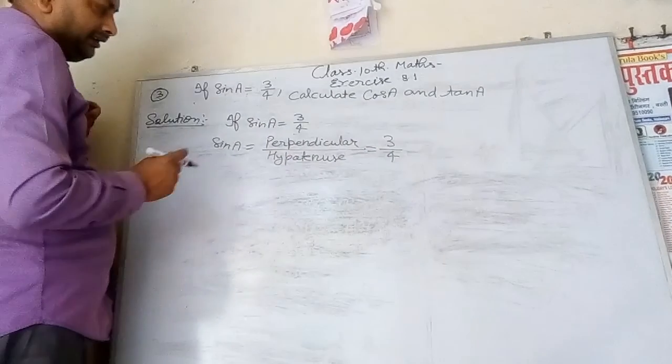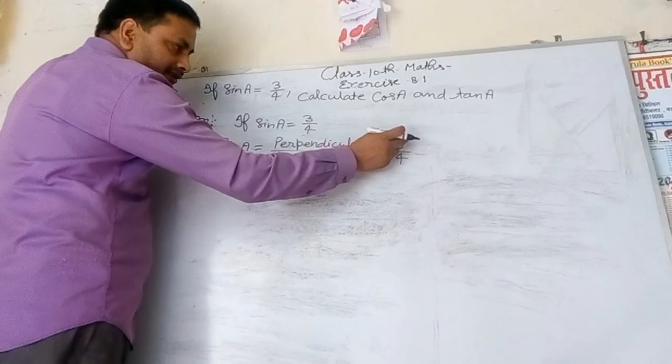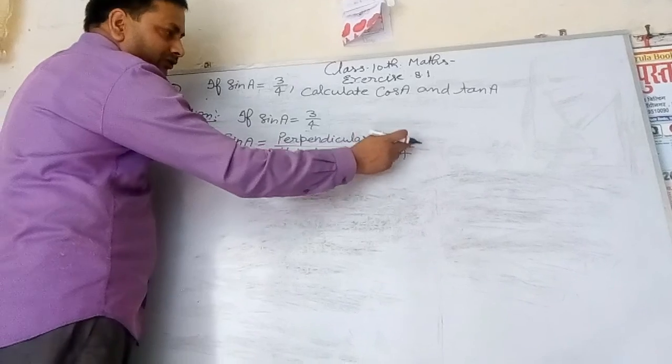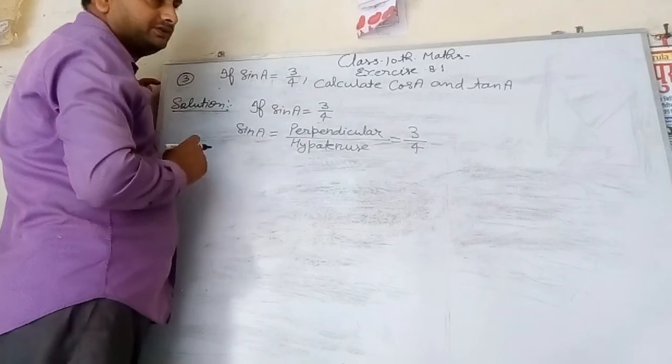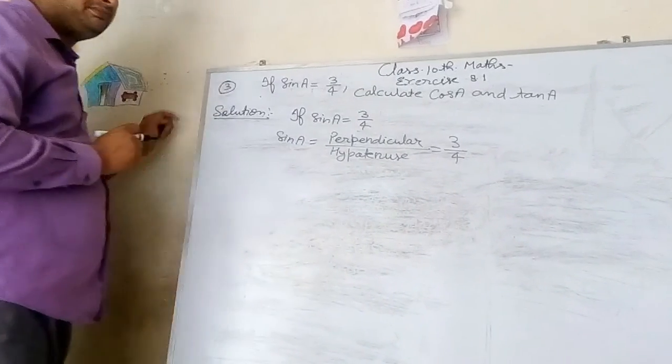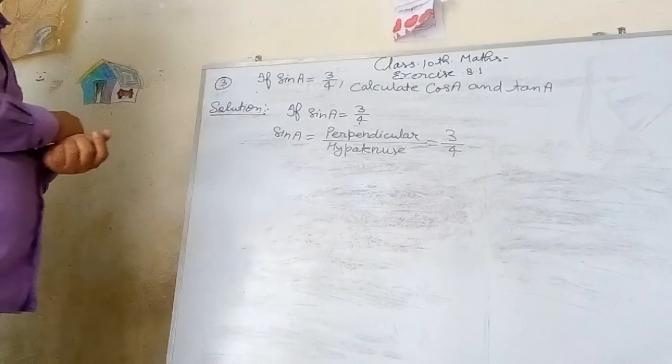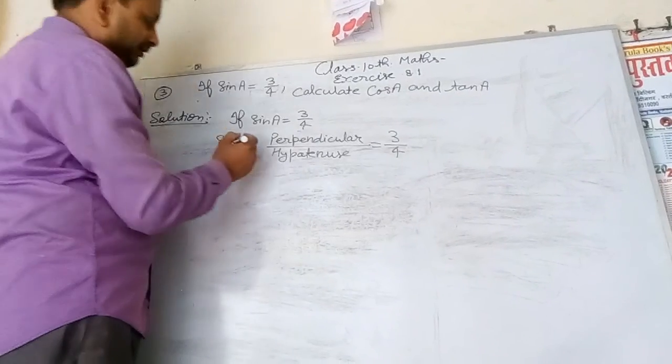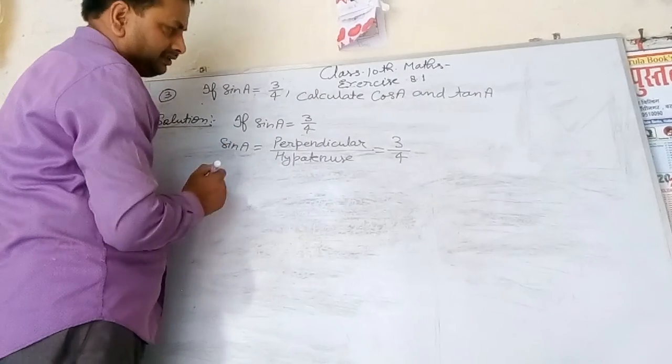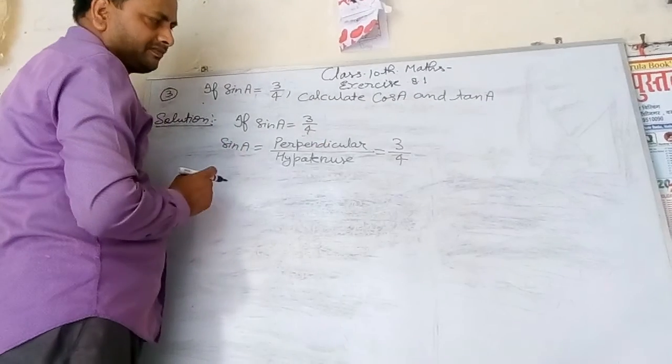Means here between 3 and 4 there is a common factor also, which may be any variable, we take here x.